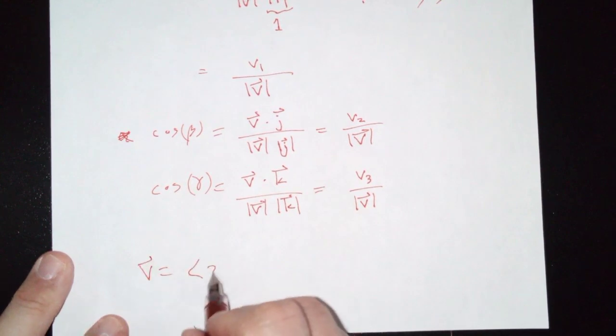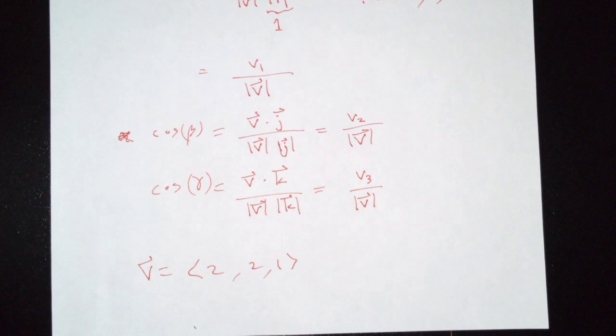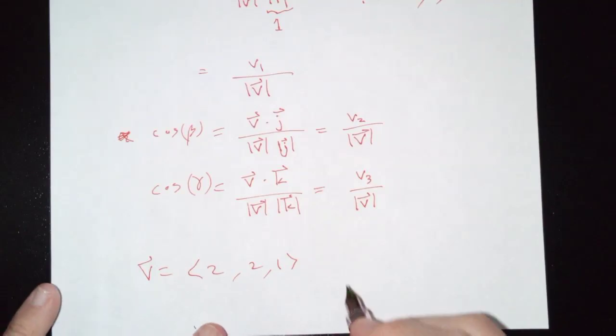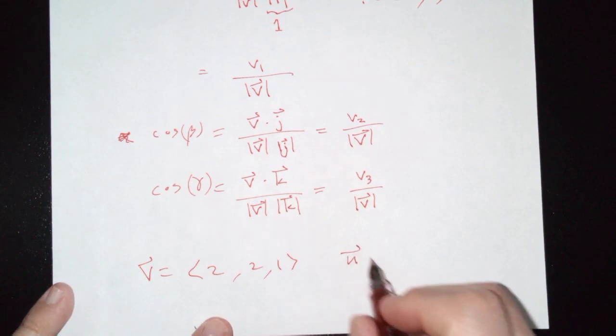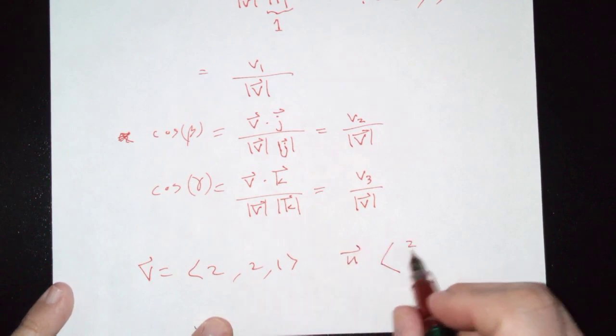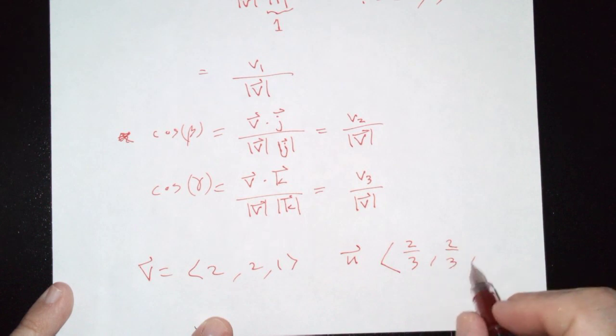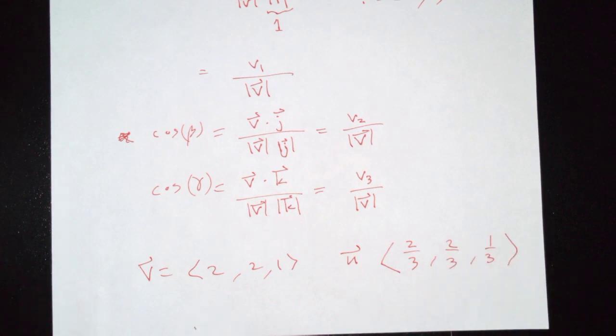So when v is the vector 2, 2, 1, we already worked out the length of that vector. What was the length of that vector? Square root of 4 and 4 and 1. Okay, length of v is 3. The unit vector in the same direction is 2/3, 2/3, 1/3. But those are the cosines of the angles.